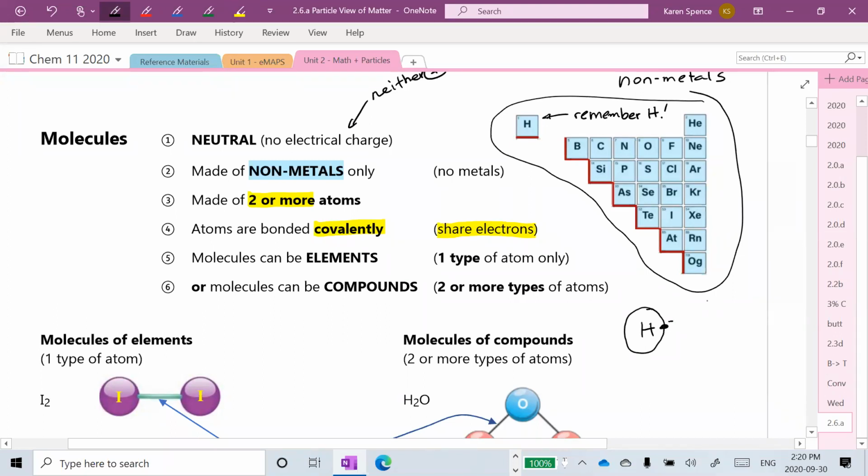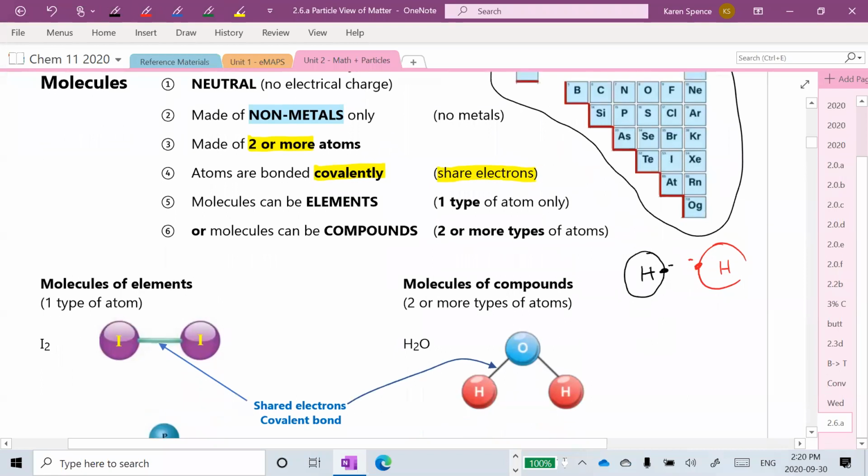If you had another hydrogen with a single electron in its shell, they will actually get together and share their 2 electrons.